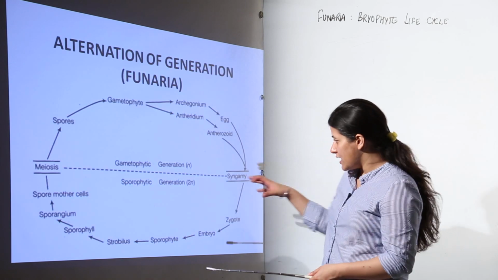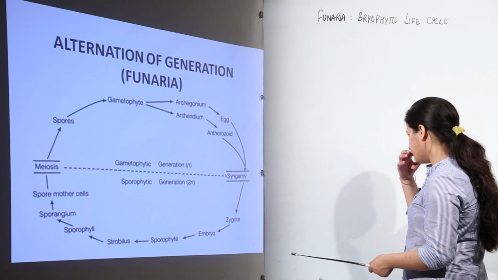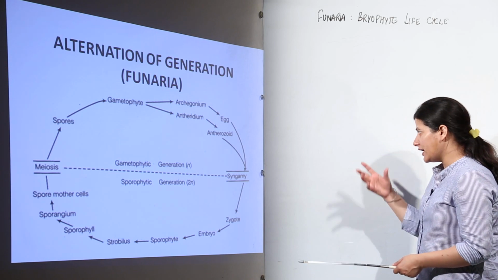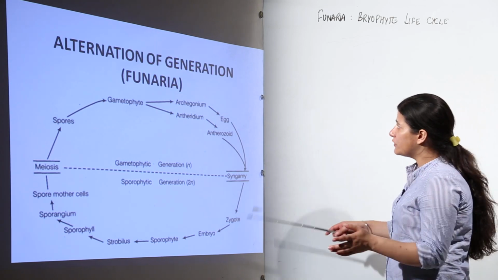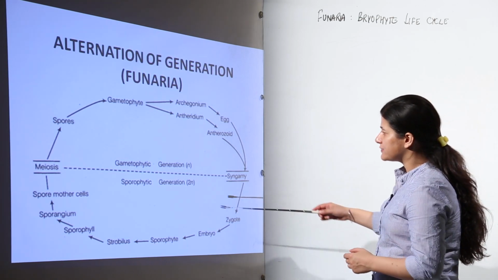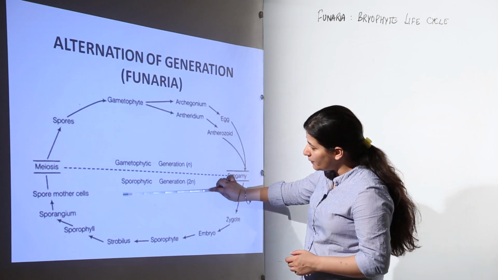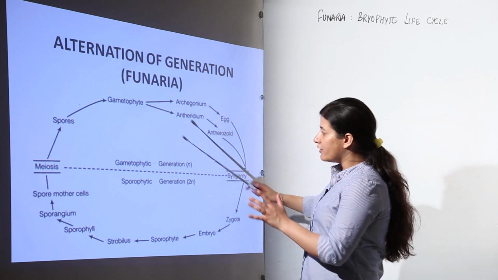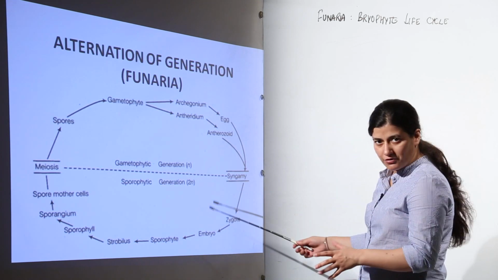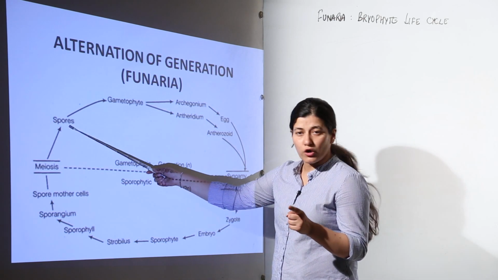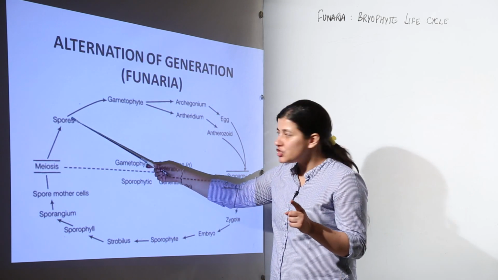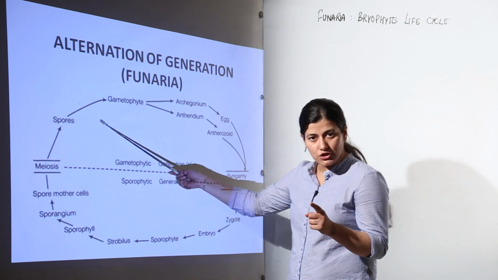Now, let us see how this alternation of generation takes place in terms of a flow chart. The upper part is the gametophytic generation and the lower part is the sporophytic generation. Let us start with the gametophytic generation, which starts from the haploid spores, which on germination give rise to the gametophyte.